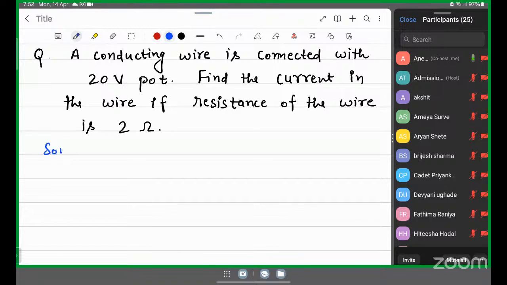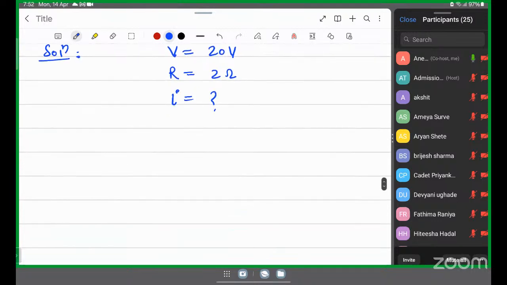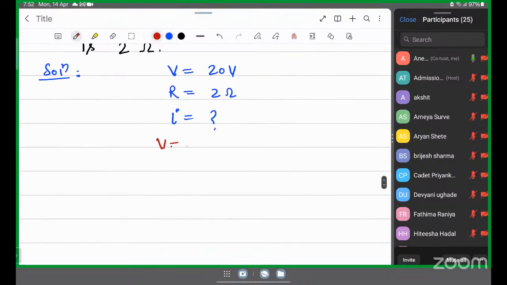So in this case, we have potential V as 20 volt, resistance R as 2 ohm, and we are looking for current I. So the relation is V is equal to IR, and I will be V by R. So this will be 20 divided by 2, that is 10 ampere.